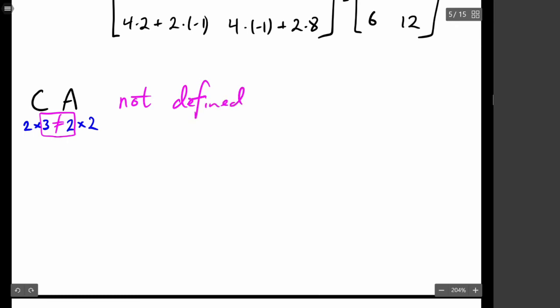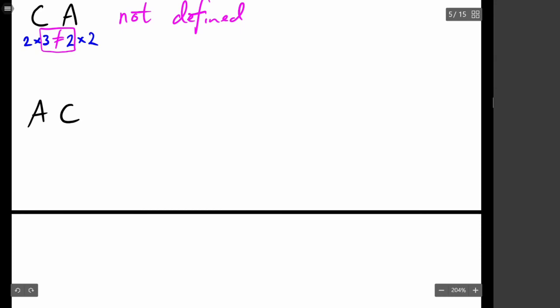Right? So again, those middle two numbers have to match up. But while C times A is not defined, what if we write it in the other direction? What if we write AC? Well, now it's 2 by 2 and a 2 by 3, and these are equal. So we can go forward. We can define this product.